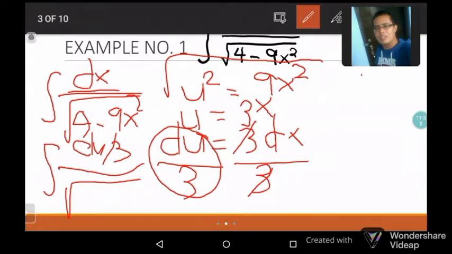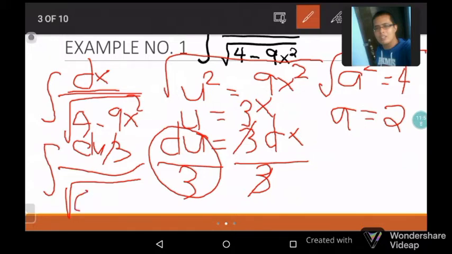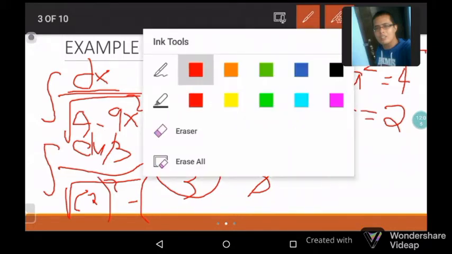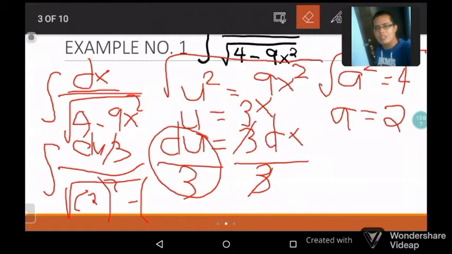Nakalimutan natin. Para makuha si a, square root natin both sides ng equation. A is equal to 2. Okay. So, magiging ano to? 2 squared minus 3x squared. So, balik ano natin, ayusin natin, ano? So, okay na yan.